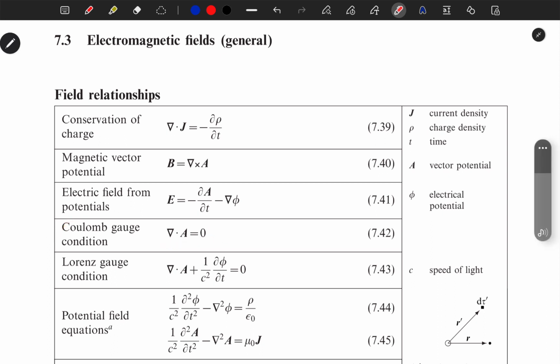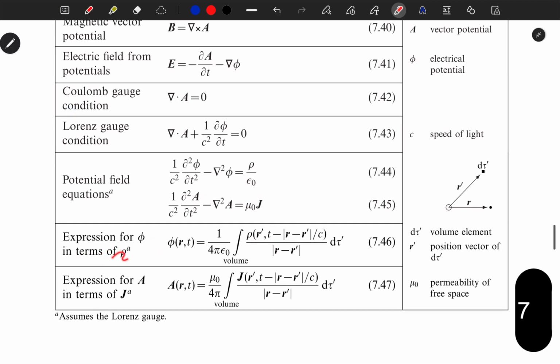Lorentz gauge condition: divergence of A plus 1 by c square del phi by del t equals 0. Potential field equation: 1 by c square del 2 phi by del t2 minus nabla square phi equals rho by epsilon 0. Similarly for A, but with the source term mu 0 J.